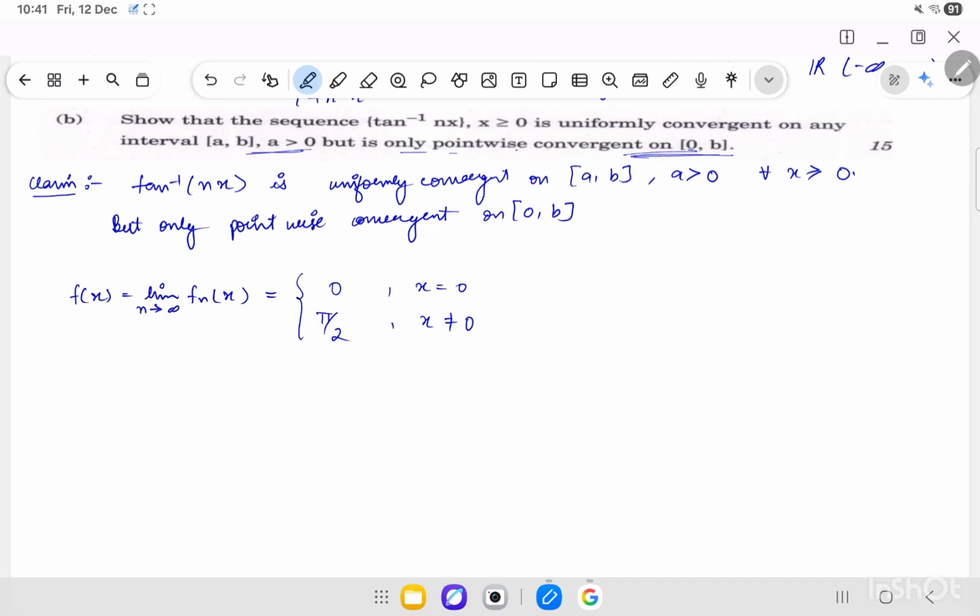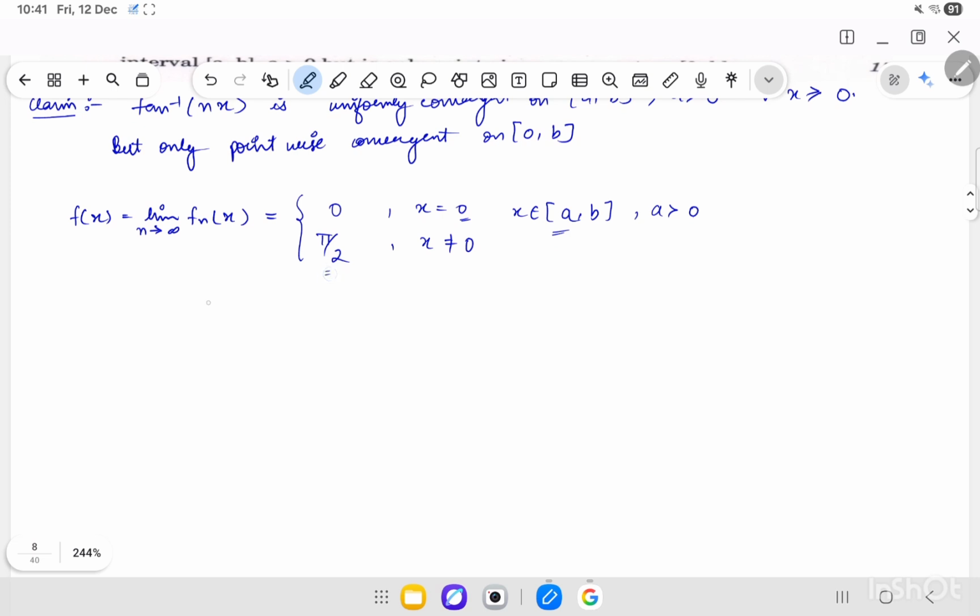But we'll not consider this because our x belongs to closed interval a comma b, and here a is strictly greater than 0. So the point 0 is not included in the interval a comma b. So we'll consider f(x) as pi by 2 on closed interval a comma b.